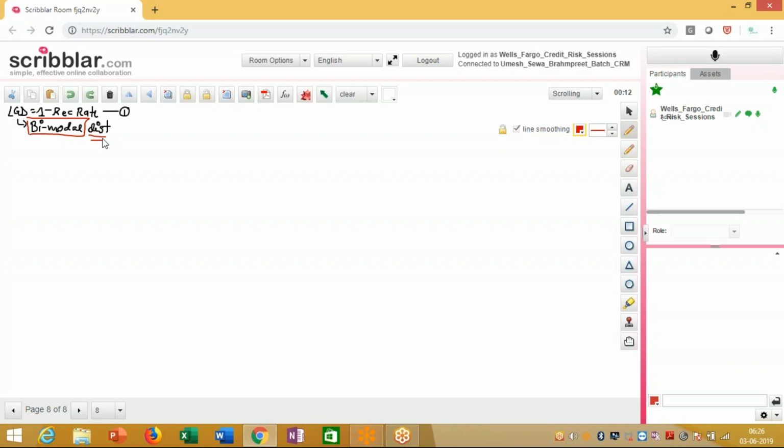Just to reiterate, a distribution is nothing but the plot of the values of a variable along with its relative frequencies. What it typically shows is the likelihood of the outcomes of the values in a variable. Let's say my LGD has many values.